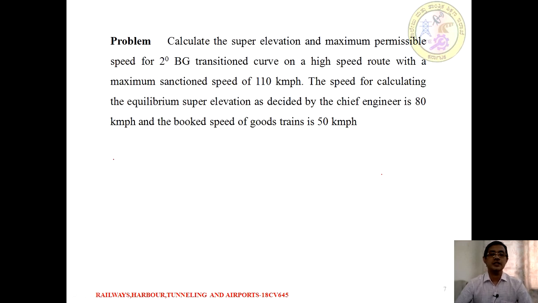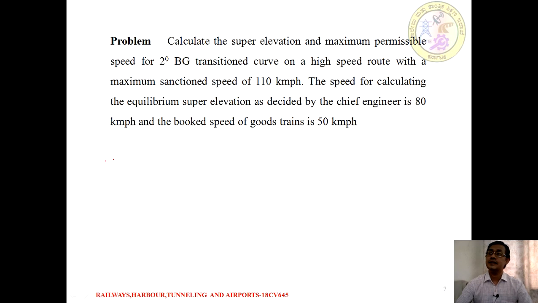Moving on to the next type of problem statement. Calculate the super elevation and maximum permissible speed for a 2 degree broad gauge transition curve on a high speed route with a maximum sanctioned speed of 110 kilometers per hour. The speed for calculating the equilibrium super elevation, as decided by the chief engineer, is 80 kilometers per hour, and the booked speed for the goods is 50 kilometers per hour.